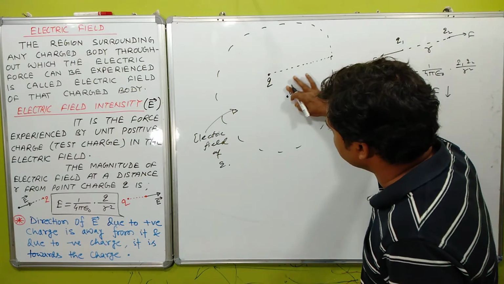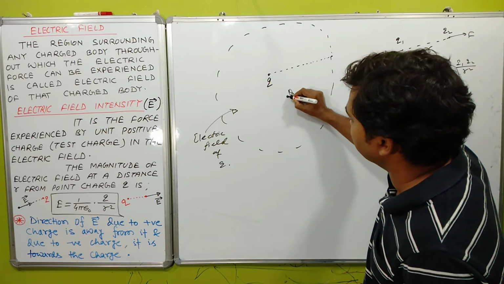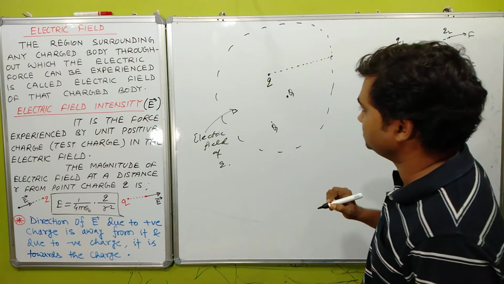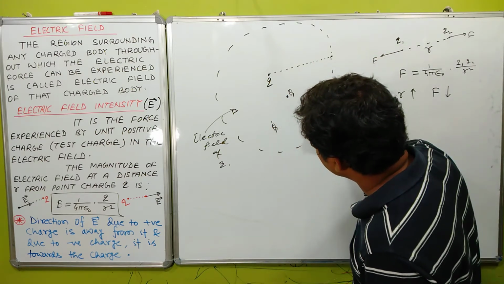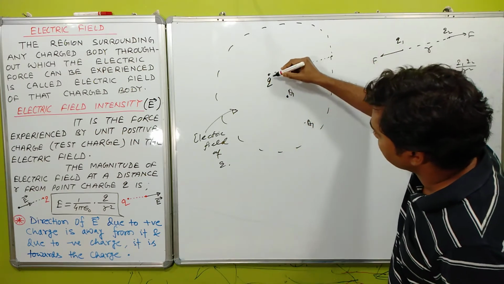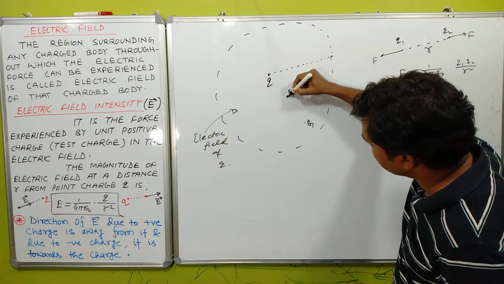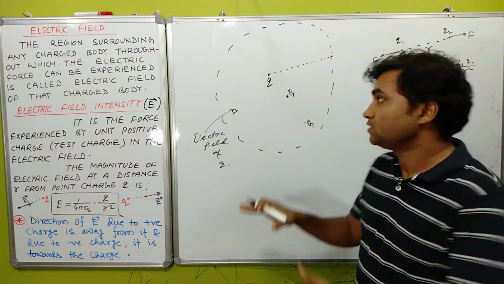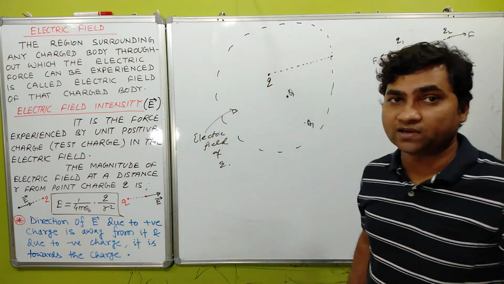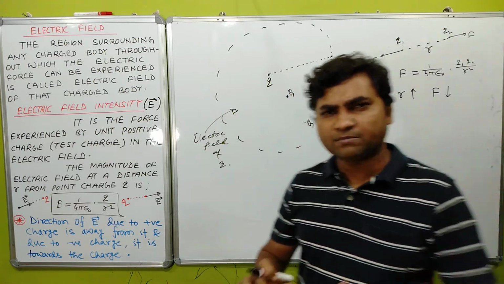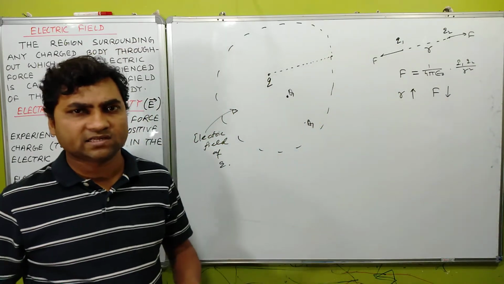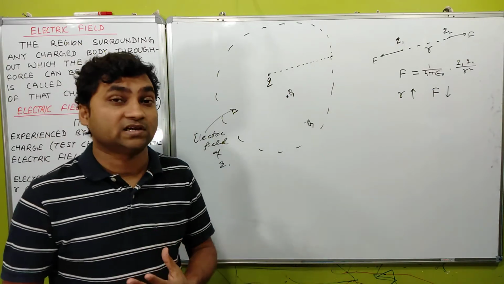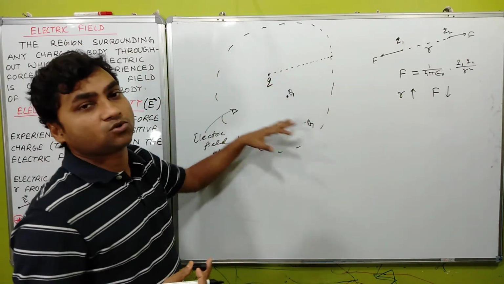If we put any other charge capital Q here, and let us assume any other position, then the force due to a small q on this capital Q in the two cases, in first case, in second case, will be different within this electric field, within this region. Means I mean to say that within the electric field, the value of the strength of electric field, the magnitude of electric field, is also different.